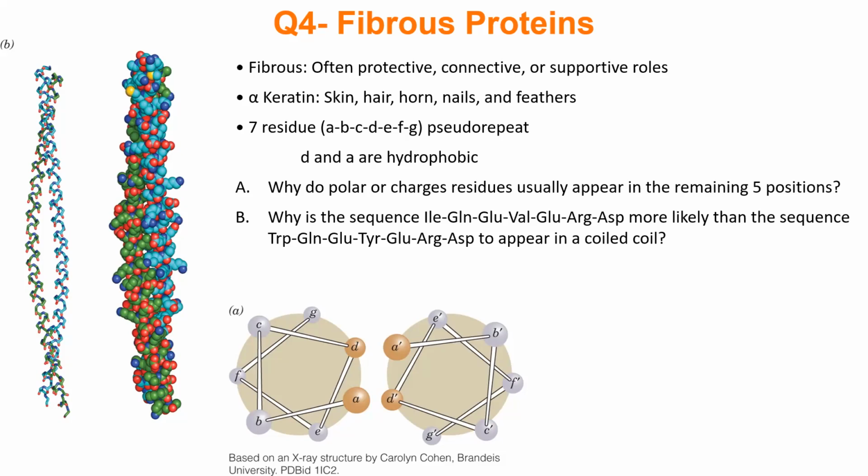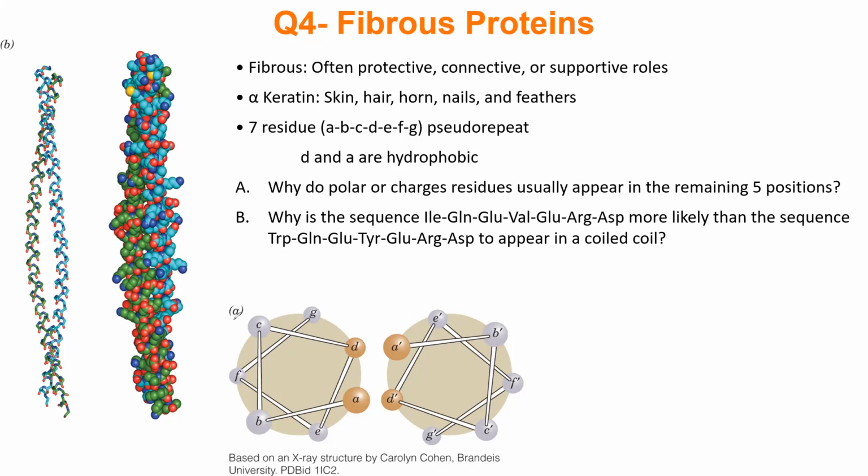What these proteins are is called a pseudo repeat. That is, it's just 7 residues repeated over and over and over again. But it's a pseudo repeat because the 7 residues don't have to be the same. Rather, the class of amino acid that shows up at these positions is the same.